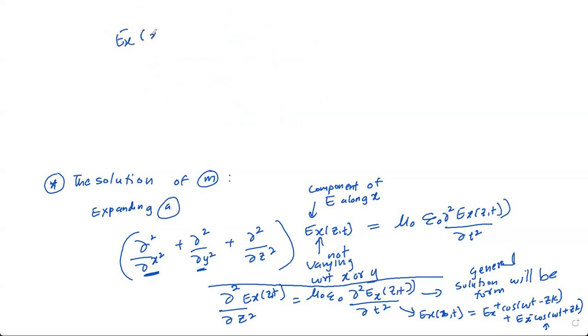So in terms of z and t, I can write Ex plus cos(ωt minus zk) plus Ex minus cos(ωt plus zk), in the same line.